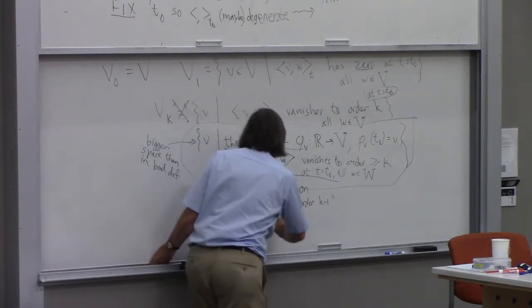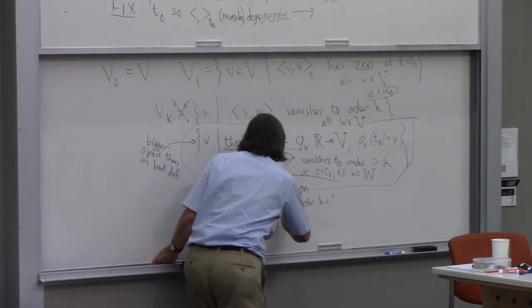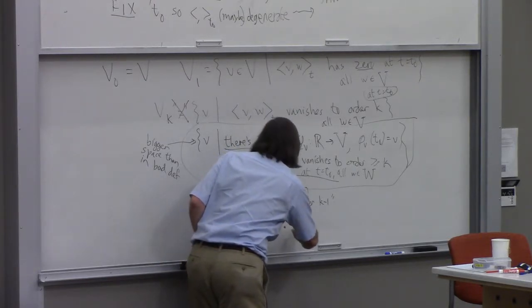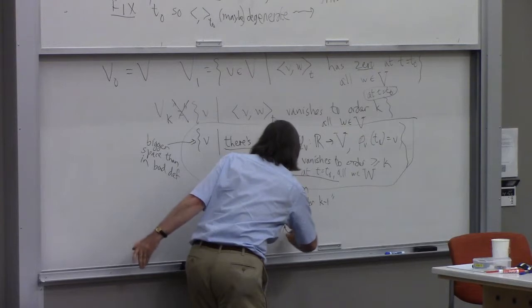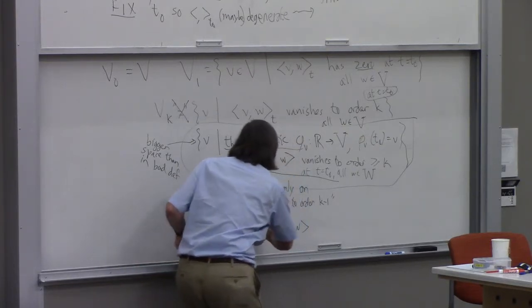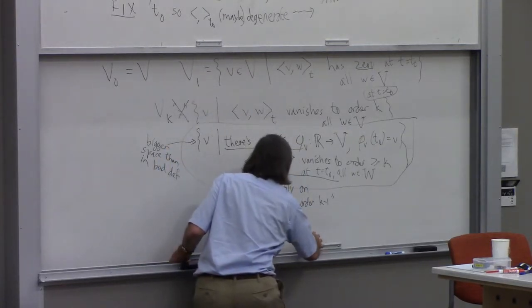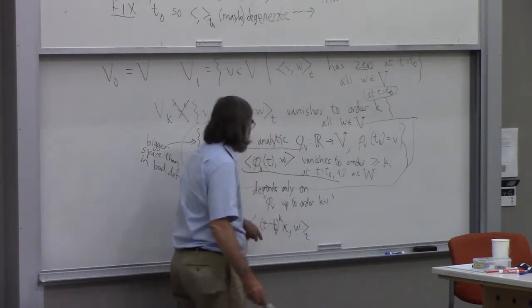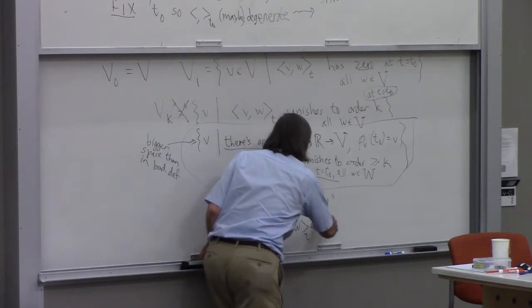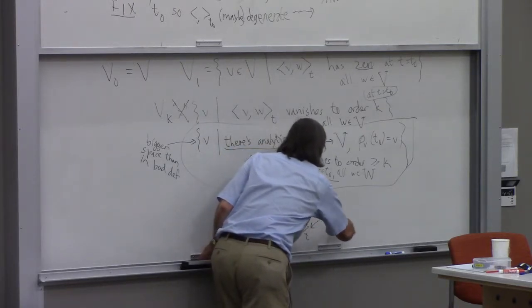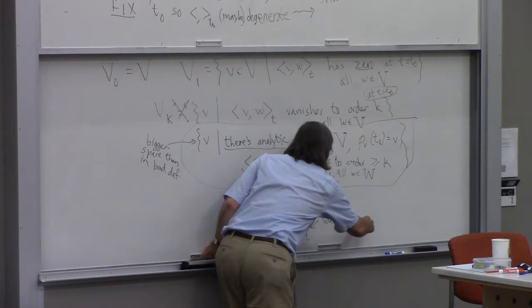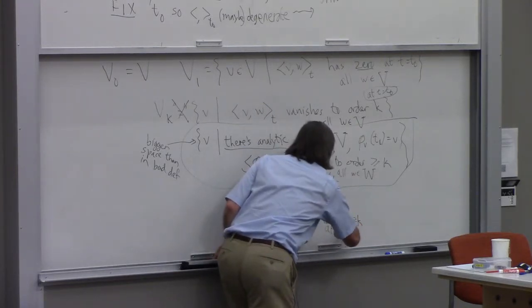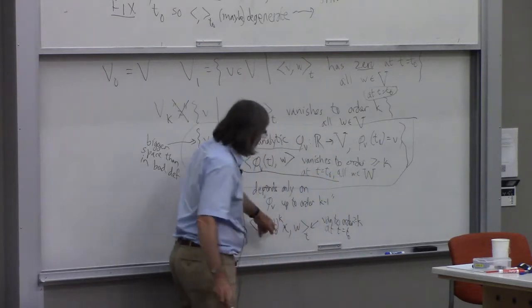In other words, if I put in (t minus t0) to the k times something, this automatically vanishes to order at least k at t equals t0.